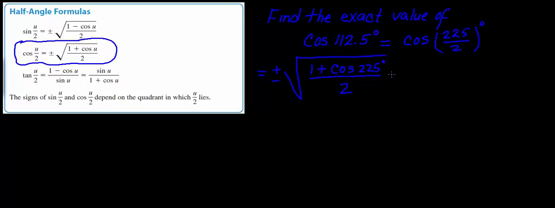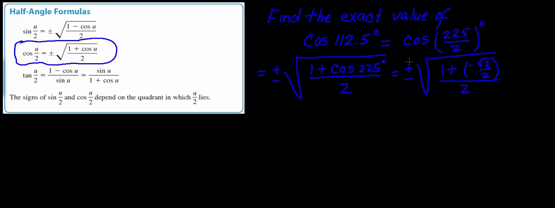So this will equal plus or minus the square root of 1 plus negative square root of 2 over 2, because 225 degrees is in the third quadrant, and in the third quadrant the cosine is negative, everything over 2.